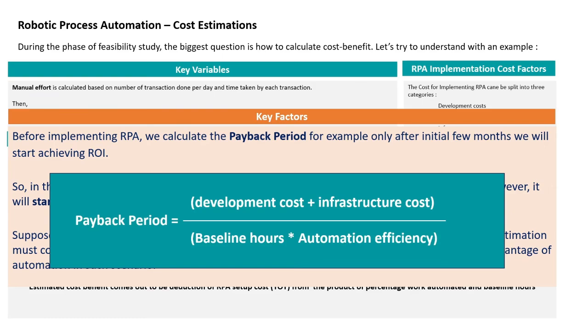So this cost, when it is divided by the baseline hours, we have already studied baseline hours, which were calculated by using the manual effort into the automation efficiency. Automation efficiency, we already know, is how much percent of the work is automated, how much we are able to automate. So by this particular formula, we can get the payback period, which is the period after which the organization can start achieving ROI.